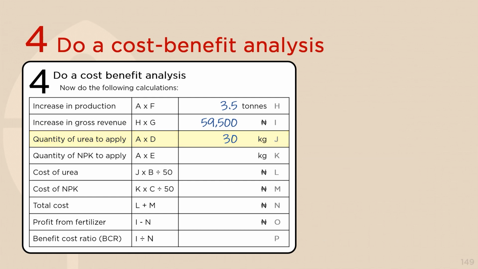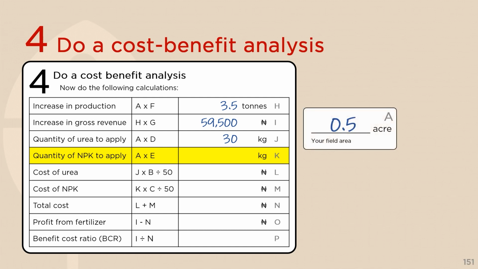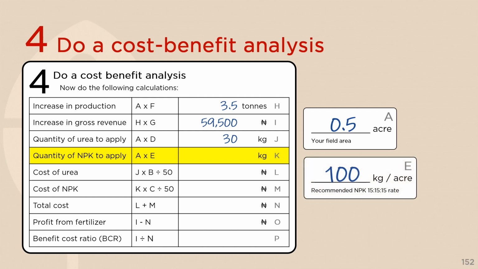Let's continue. We need to do the same thing to calculate the amount of NPK to apply. But now we need to multiply value A with value E. Box A is still the area of the field, 0.5 acre. Box E is the recommended rate of NPK 15-15-15, which was 100 kg per acre. So now we multiply 0.5 times 100.